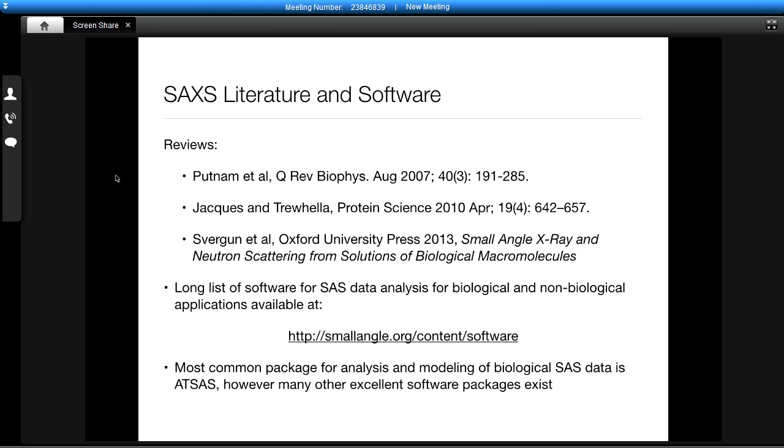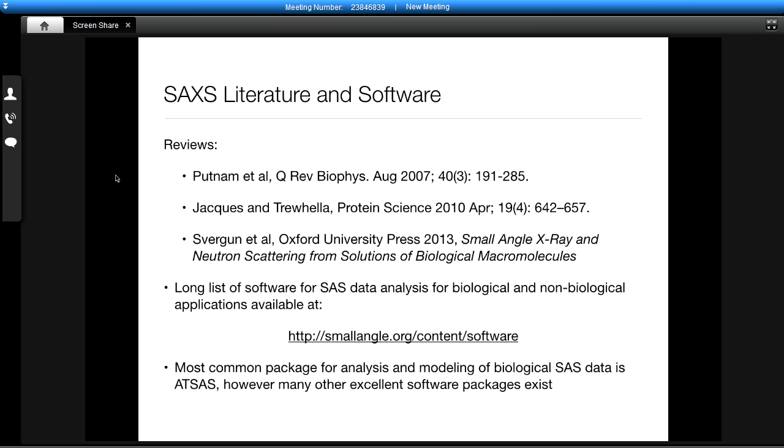The Jacques and Trewhella review from 2010 is very good for practical considerations when dealing with SAXS data. Svergun et al. came out with a book this past year that is a very extensive analysis of both practical applications and software applications, as well as the theory of small angle scattering, particularly from solutions of biomolecules.